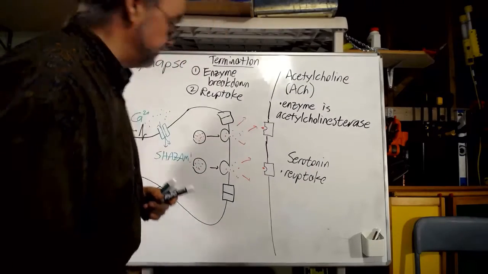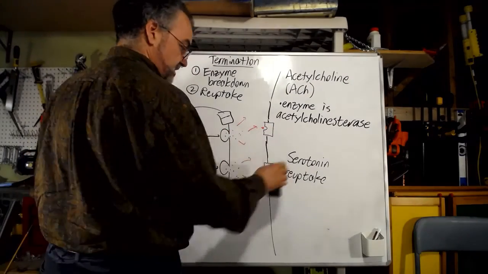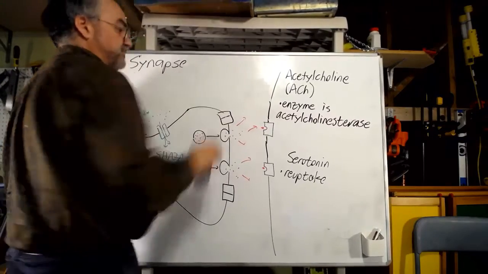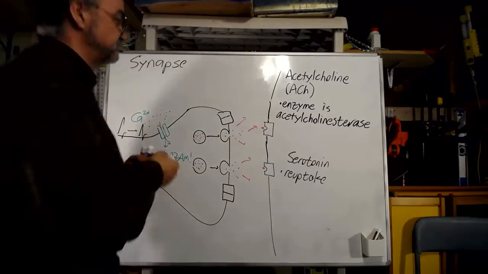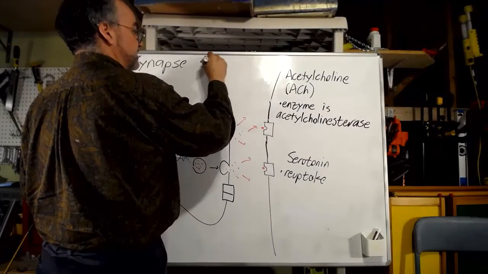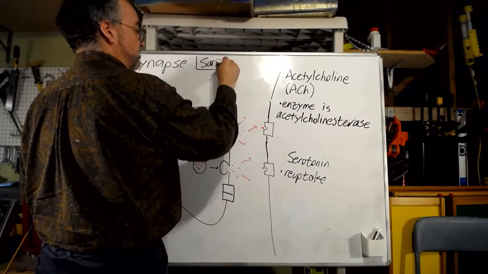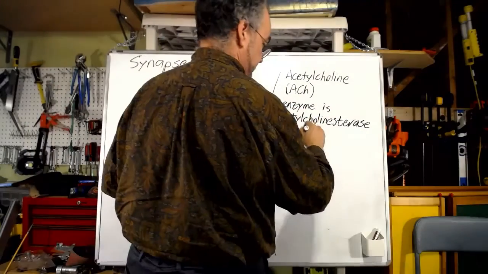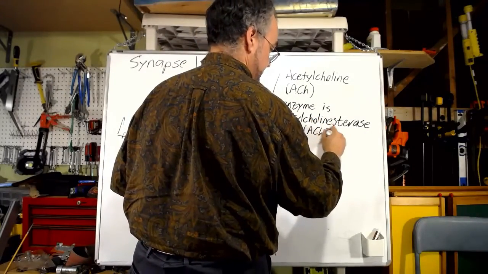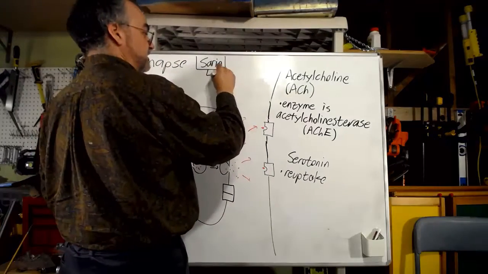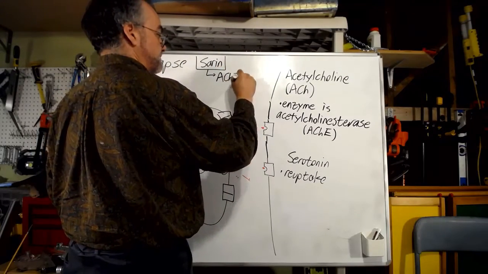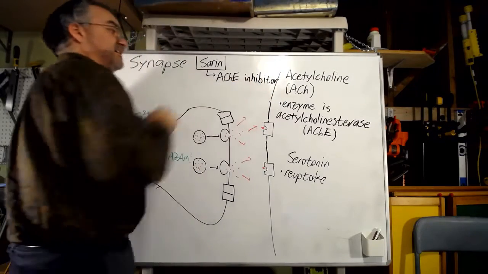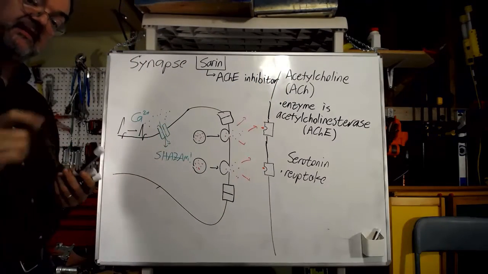So, for example, let's see, how am I going to write this? There's a nerve gas called sarin. This enzyme is often abbreviated AChE. Sarin is an acetylcholinesterase inhibitor.